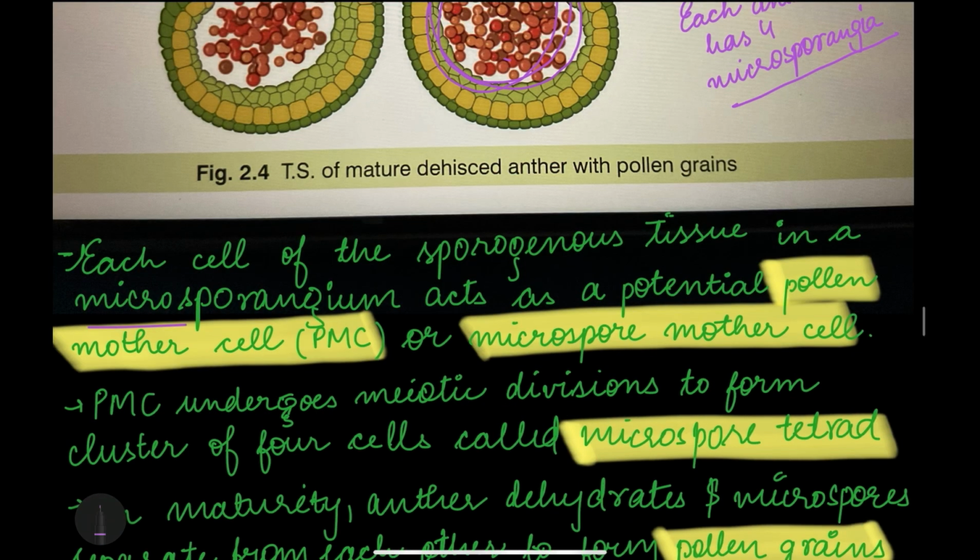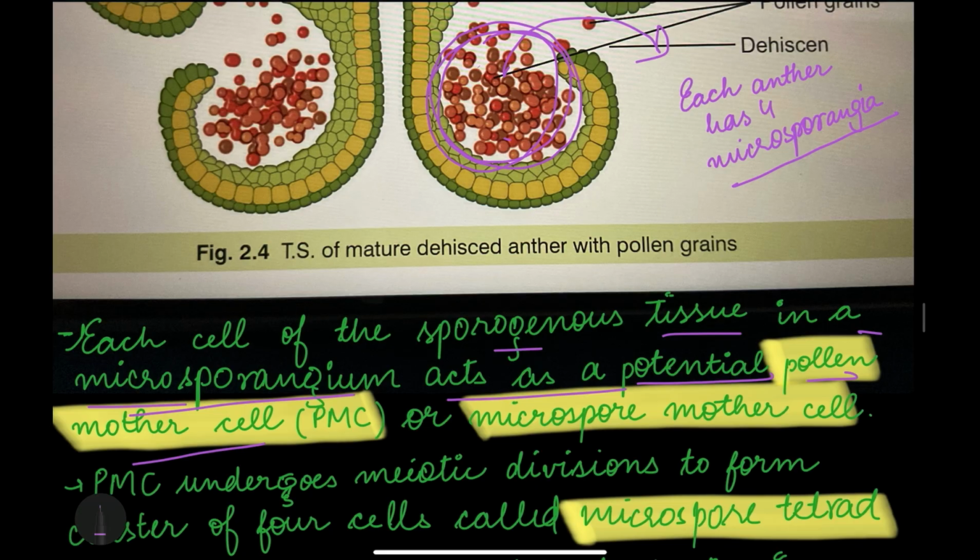Remember this: each cell of sporogenous tissue in a microsporangium acts as a potential mother cell. There is one microsporangium with millions of cells inside it, and each cell acts as a potential pollen mother cell. That is, it gives rise to a pollen grain, or microspore.